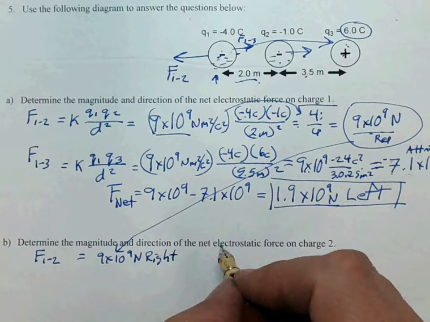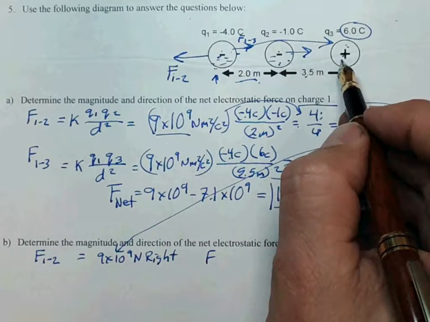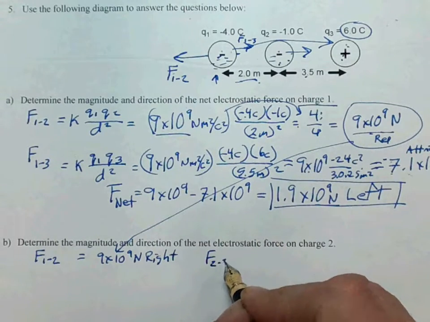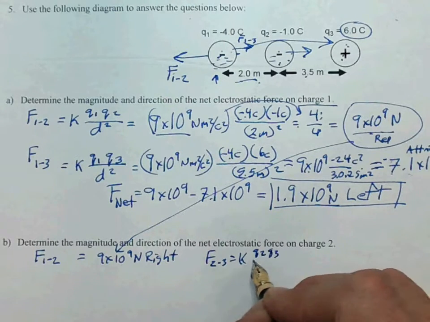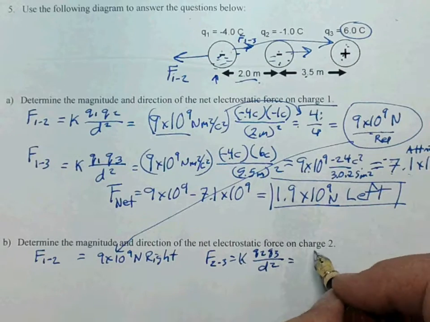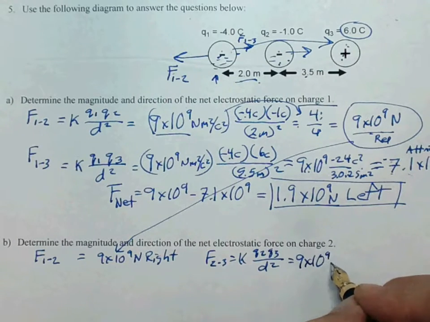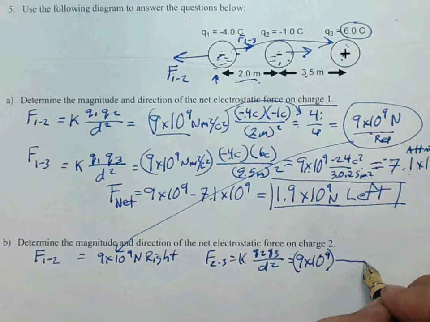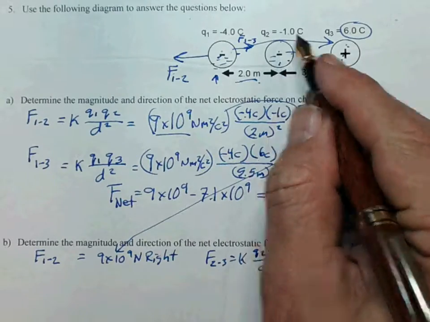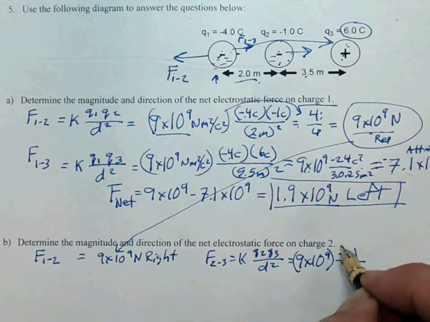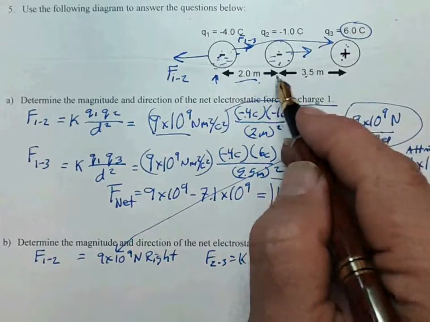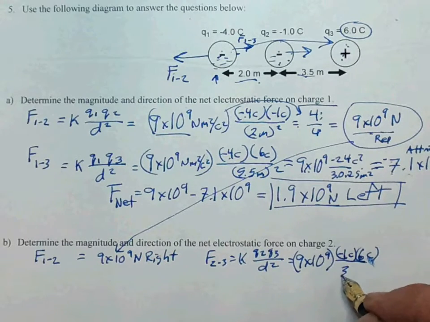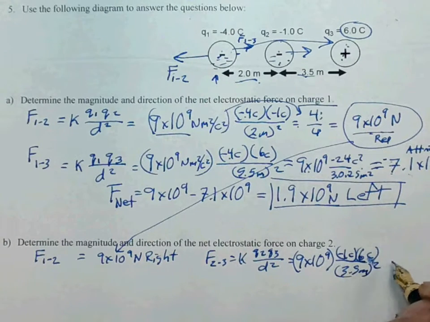We need to solve for the force between 2 and 3. So the force between 2 and 3 is K Q2 Q3 over D squared, which is equal to 9 times 10 to the 9th, the units newtons meters squared per coulomb squared, times the -1 coulomb times the 6 coulombs divided by the distance between them, 3.5 meters, squared.